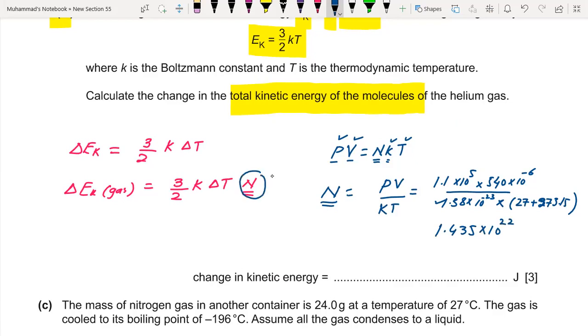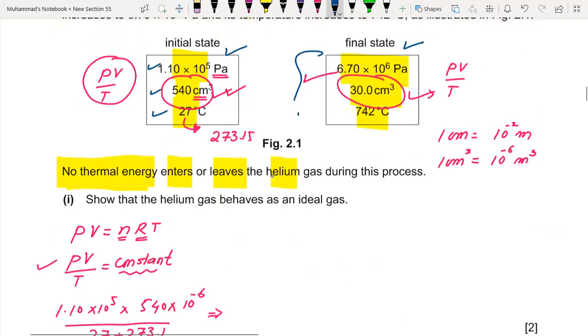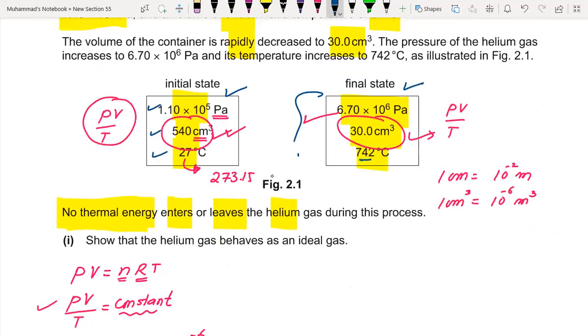Then you will put this number of molecules over here, and the change in temperature is the same whether you find it in degrees centigrade or in Kelvin. So 3/2 times 1.38 times 10^-23, and the change in temperature: what is the final temperature? Final temperature is 742.